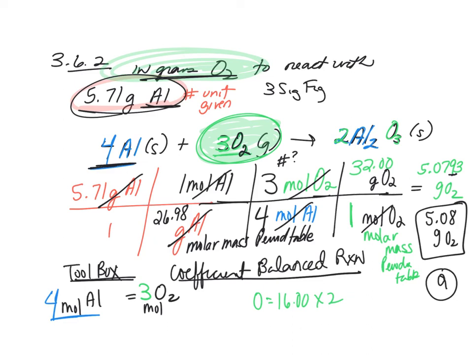So we also have the last checkpoint questions in this chapter, and we're going to be dealing with percent yield and limiting reagents. All right, so let's do 3.7.1. And let's do our balanced equation.